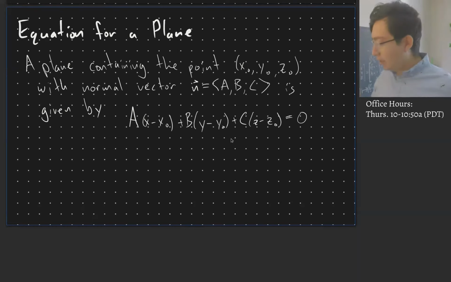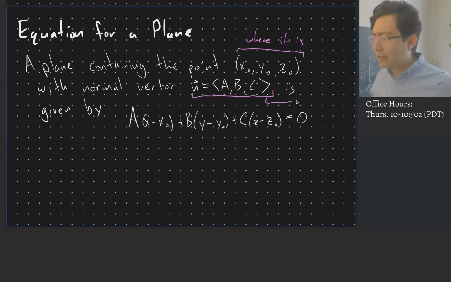So the point tells you where the plane is, and the normal vector tells you the angle, or the direction, of the plane.